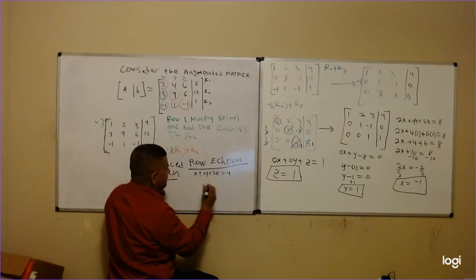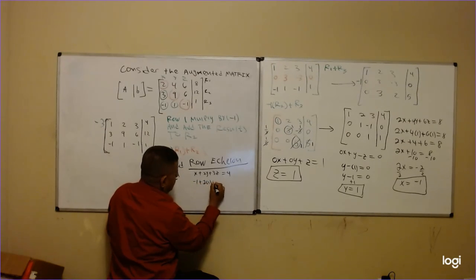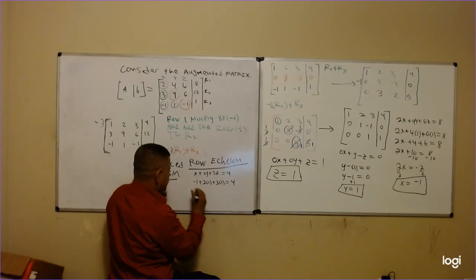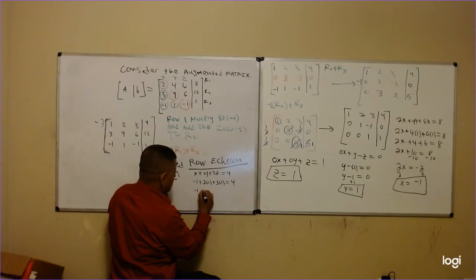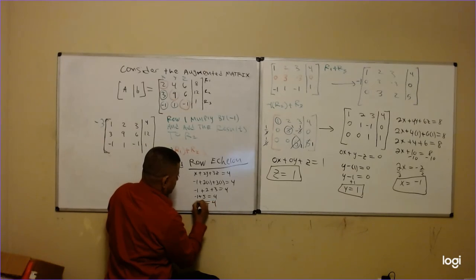Okay, so now the value of x is negative 1, the value for y is 1, the value for z is 1, and it's equal to 4, right? Now, look at this. I got negative 1 plus 2 plus 3 is equal to 4. 5, right? So I got negative 1 plus 5 is equal to 4. Add those two together, I got 4 is equal to 4.